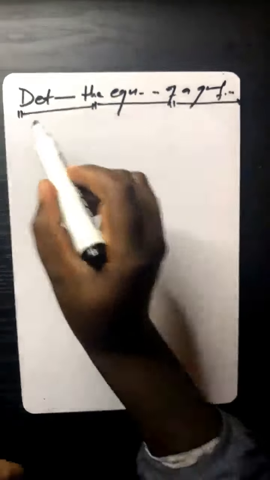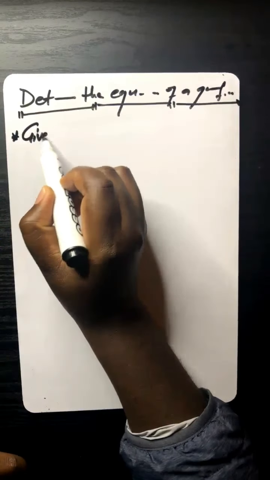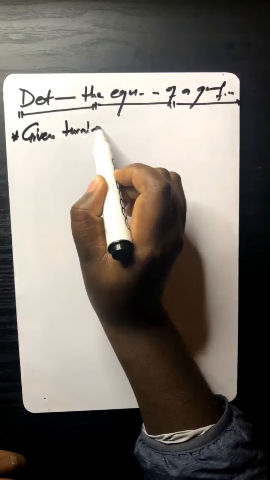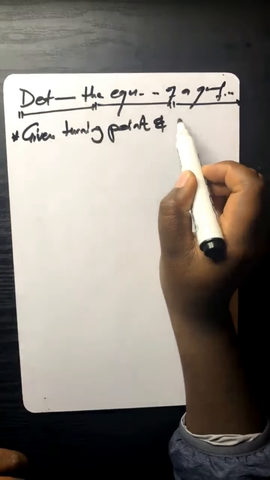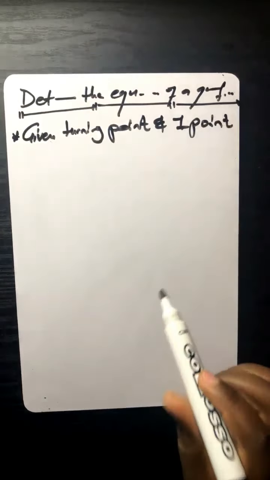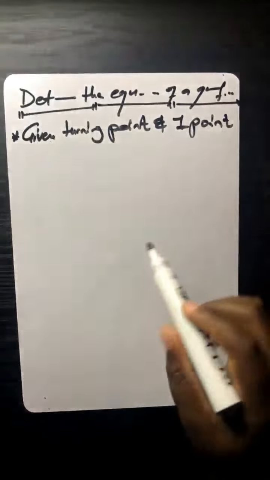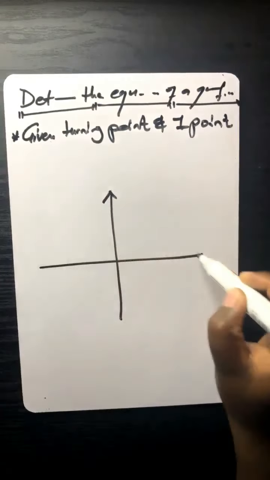So in this case, that's where you are given the turning point and 1 point. What does it mean when they say you are given the turning point and 1 point? Let's say, for example, you've got a Cartesian plane.